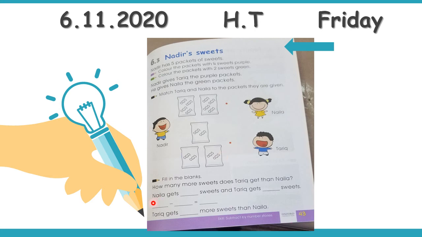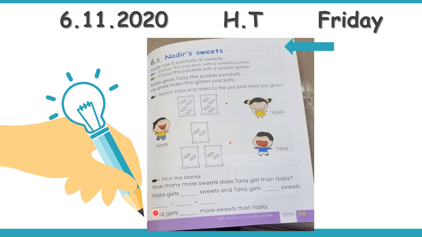Naila gets 6 sweets. You are going to write here 6 sweets, and Tariq gets 8 sweets. What you have to write in these blanks? Naila gets 6 sweets and Tariq gets 8 sweets.